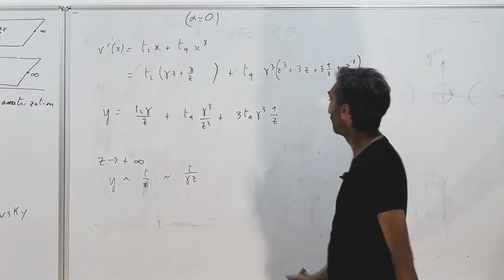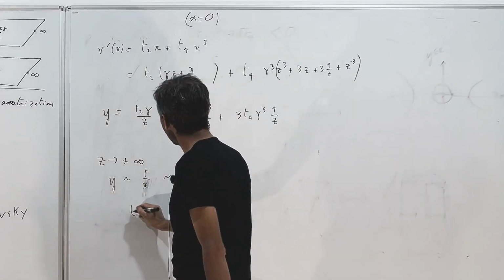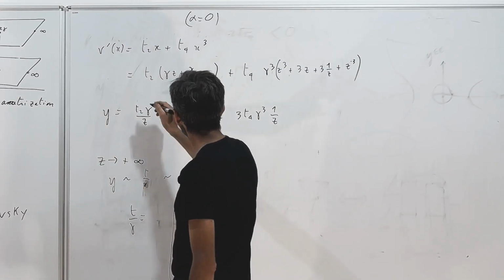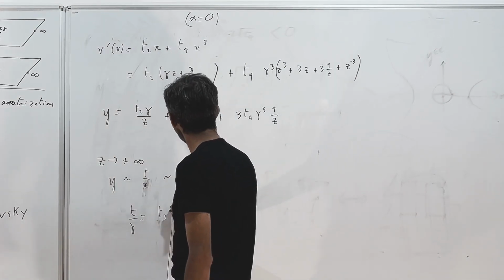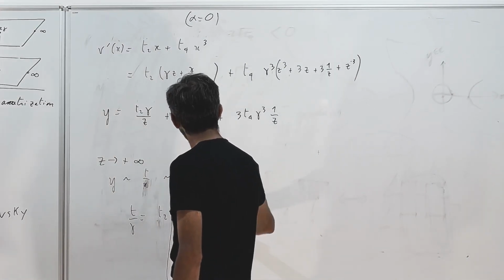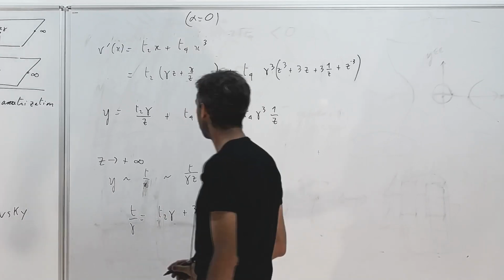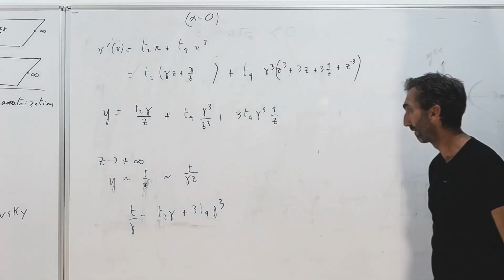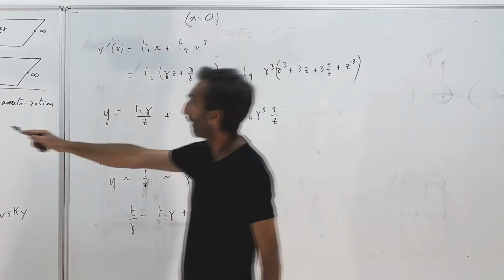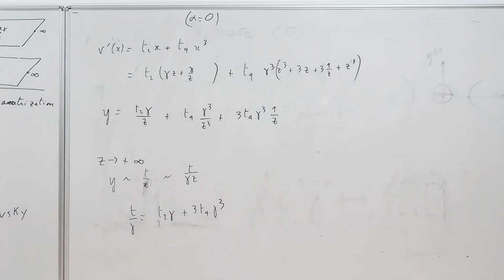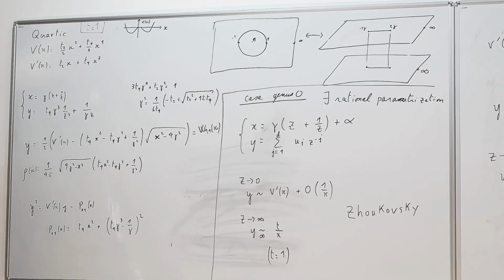So you just identify that t over gamma must be the coefficient of 1 over z, so it must be equal to 2 gamma plus 3 t4 gamma cubed. This is my equation here. So you see, when you use this method, it's really fast. And it works for potentials of arbitrary degrees.